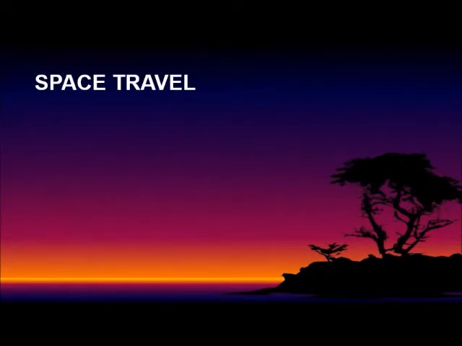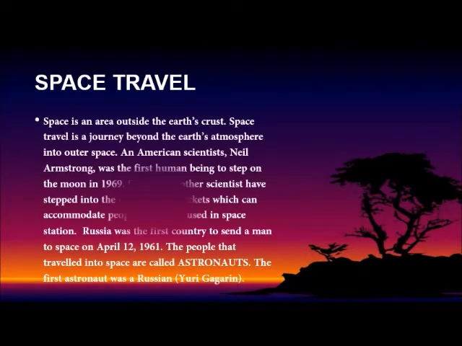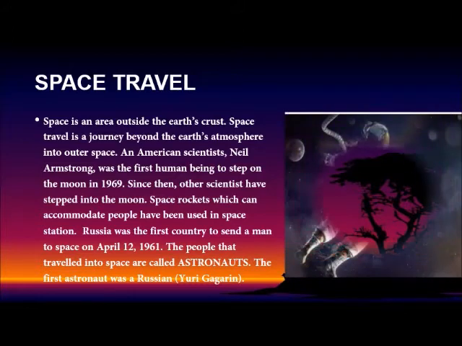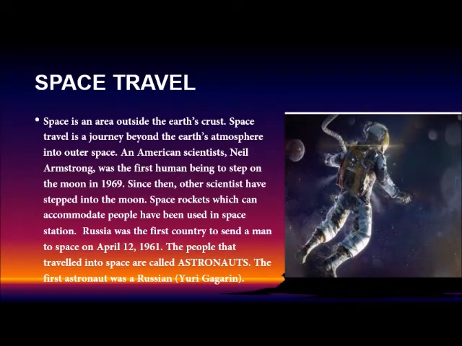Space travel. Space is an area outside the Earth's crust. Space travel is a journey beyond the Earth's atmosphere into outer space. An American scientist, Neil Armstrong, was the first human being to step on the moon in 1969. Since then, other scientists have stepped onto the moon.